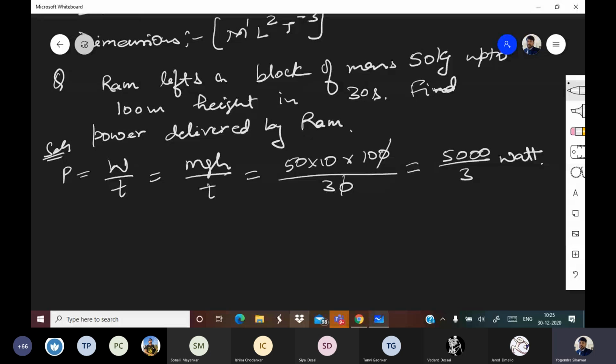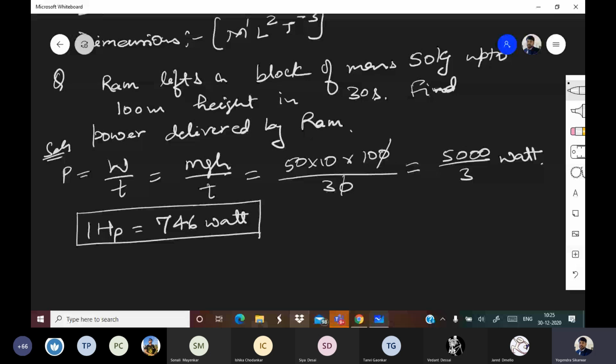So 1 horsepower is equal to 746 watts. Mostly the capacity of vehicles is given in terms of horsepower. It's a bigger unit. You should know that 1 horsepower is equal to 746 watts.